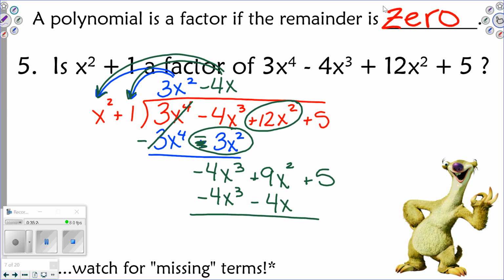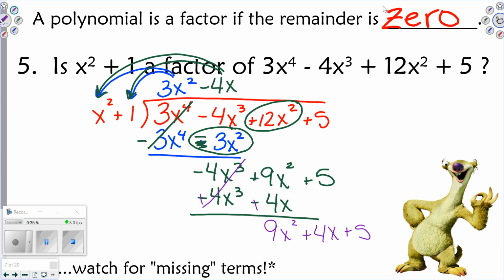I brought it down, but it's still my next thing I have to try to multiply to get. Okay, that's all right. I'm glad you asked. Change your signs. They both changed to pluses. All right. These cancel. Good. I'm going to have a 9x squared plus 4x plus 5. We're almost done.